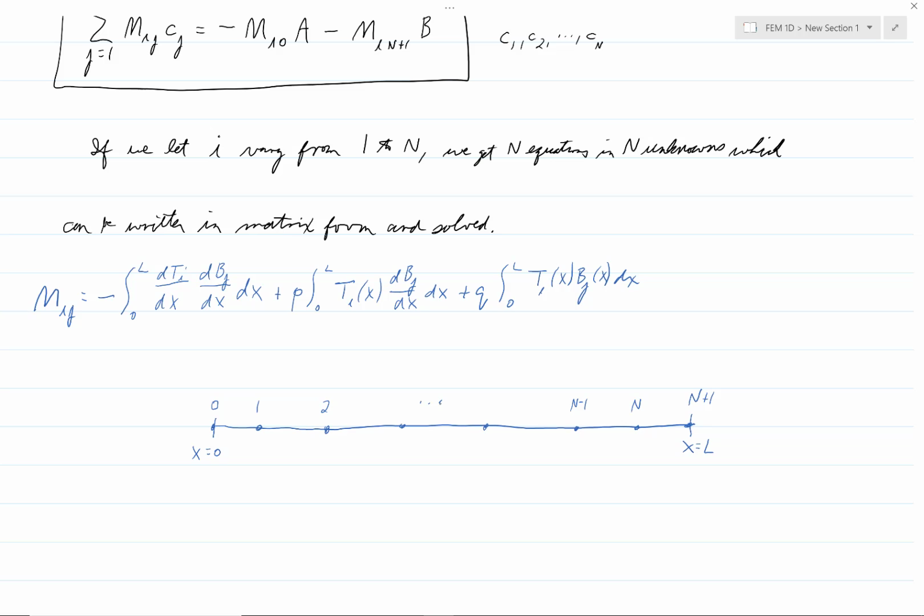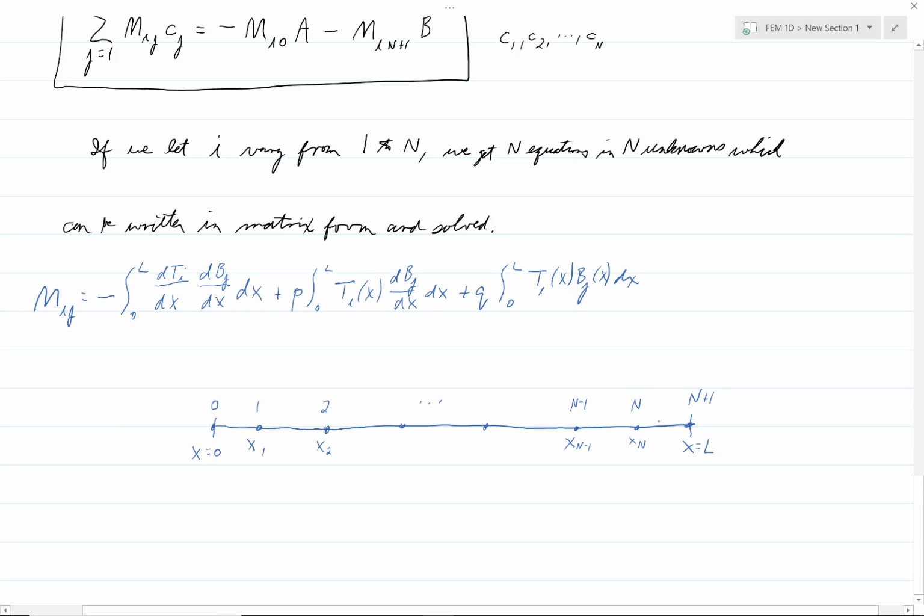Let's call this x1, and this will be x2, and so on. Here will be xn minus 1 and xn.